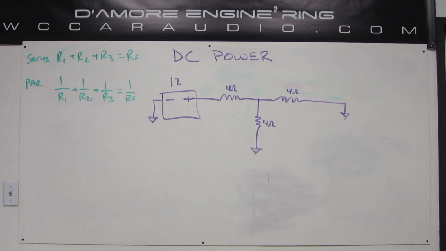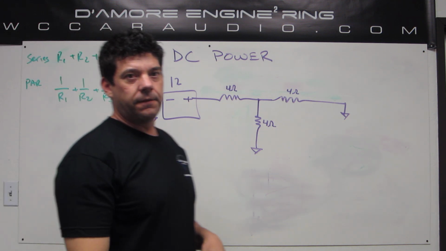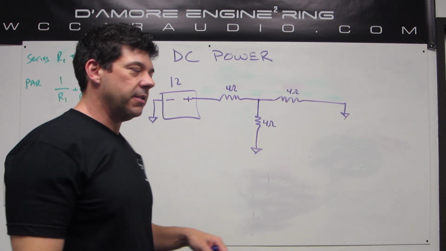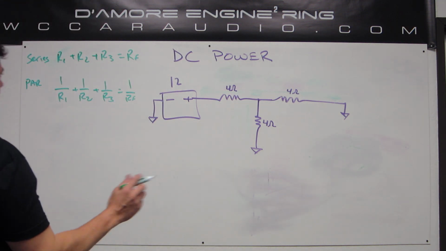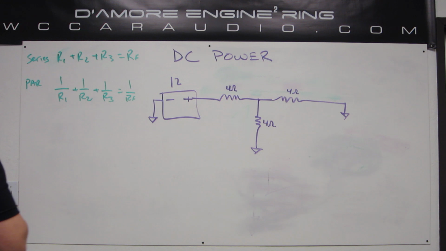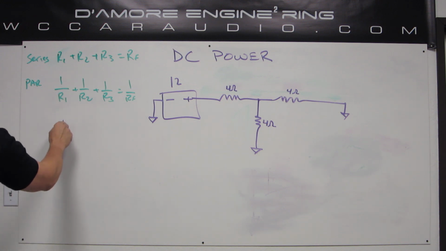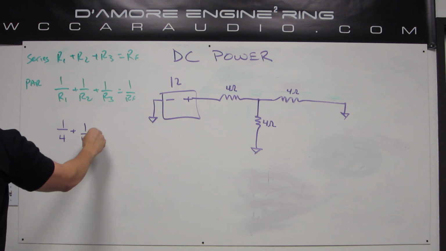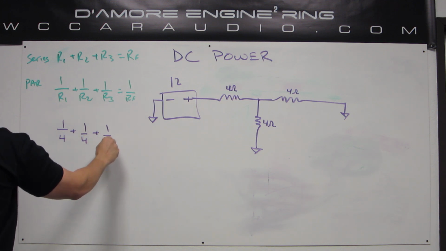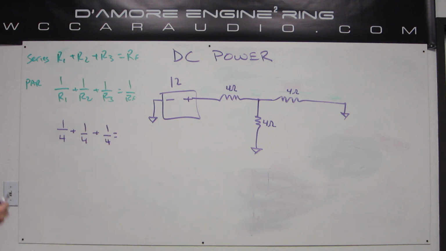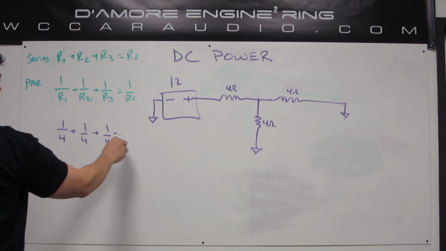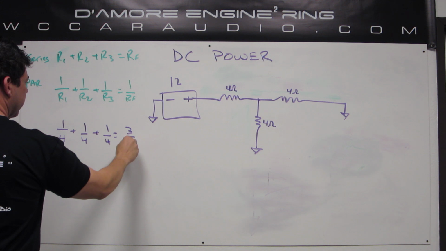So in the last example we did where we had 3 4-ohm speakers in parallel, we ended up with 1.33 ohms. And so the way this formula works is you would say, okay, 1 over 4 plus 1 over 4 plus 1 over 4. In fractions, you get a common denominator, which they already are, and then you add these together. So this whole thing equals 3/4.